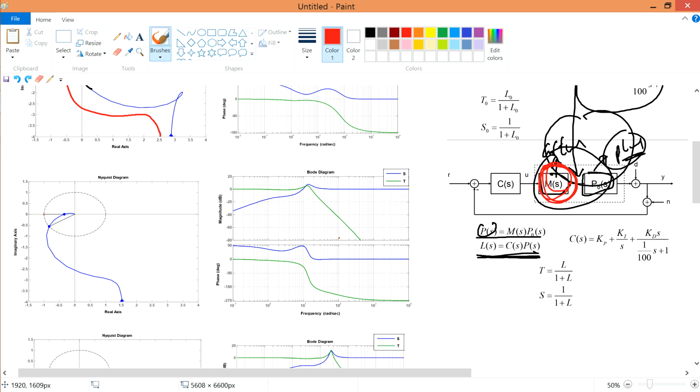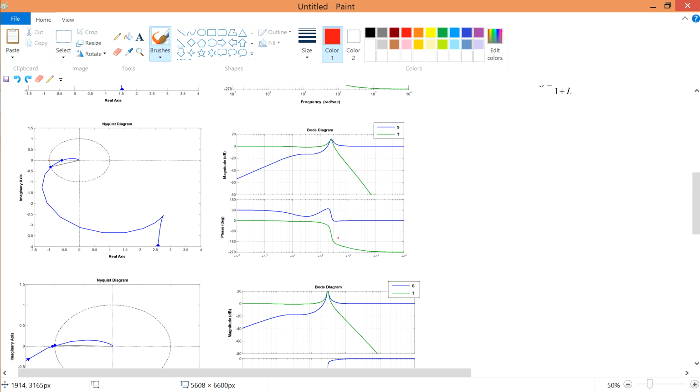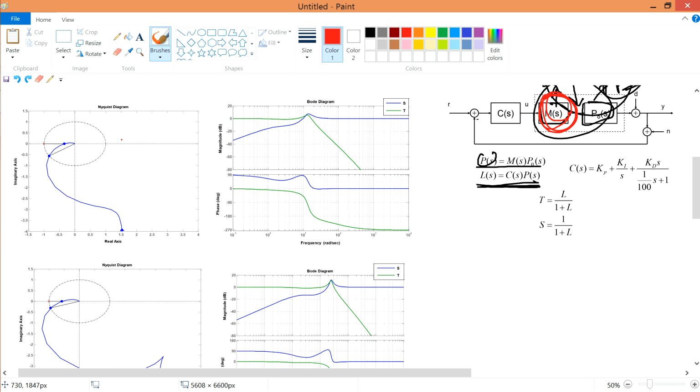As you further use this plant, the system gets more and more unstable due to wear and tear, and therefore, as you can see, this Nyquist plot has actually moved to further instability if you compare.